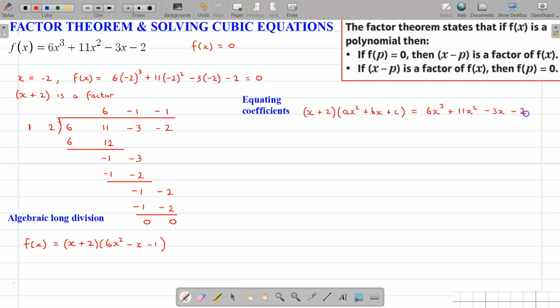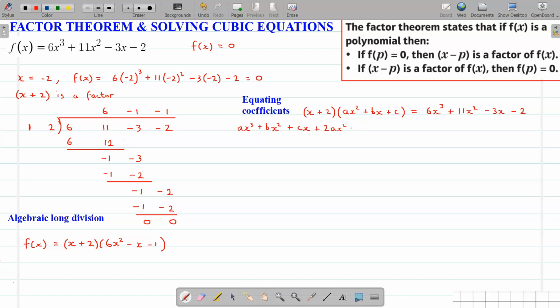Okay, so what we do now is we expand this bracket out, so basically you're taking each term in here and timesing it by x, then each term in there and timesing it by 2. So there'll be 6 terms altogether, which will condense into 4. So we're saying that ax cubed plus bx squared plus cx, and then we've got plus 2 lots of ax squared.